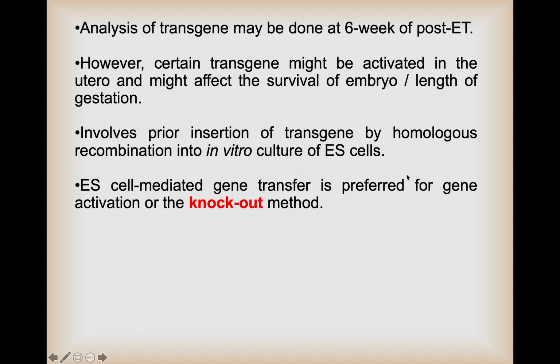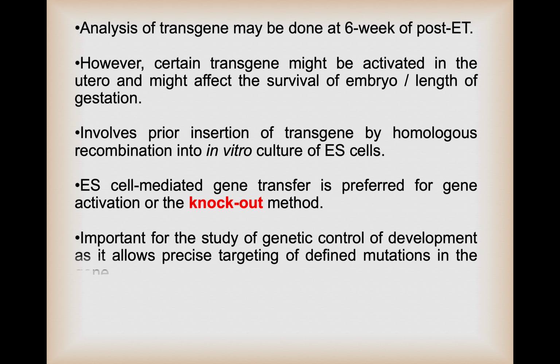So, with this method, homologous recombination, embryonic stem cell mediated gene transfer is preferred for gene activation, especially for the knockout method, because you want to know whether the gene could behave, or whether the systems as a whole, the animal or even us humans, could function when the gene is being knocked out.